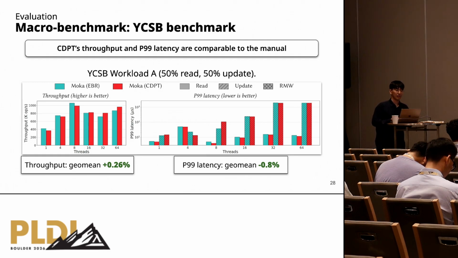The result is that on workload A, throughput moves by about 0.25%, and P99 latency by under 1%, both within noise. So in a real-world application, we can swap a handwritten reclamation for our automatic one with no visible performance penalty.